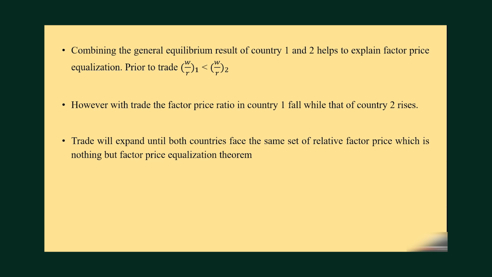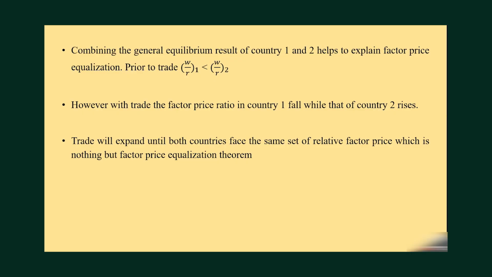Now when trade begins, the wage rental ratio in country 1 begins to rise as discussed earlier, whereas the wage rental ratio in country 2 begins to fall because of the rise in return of capital. This will slowly reduce this gap, and trade will continue till the point this difference is eliminated. Thus, there is a factor price equalization due to trade.